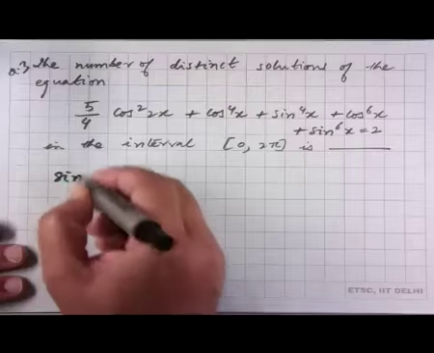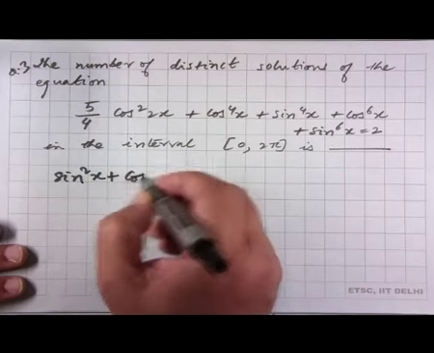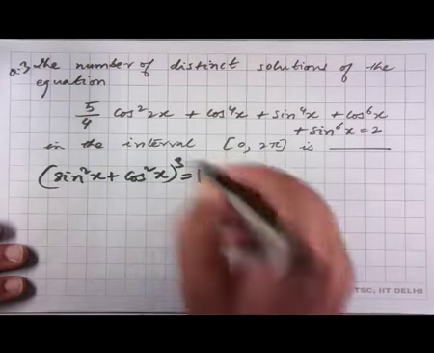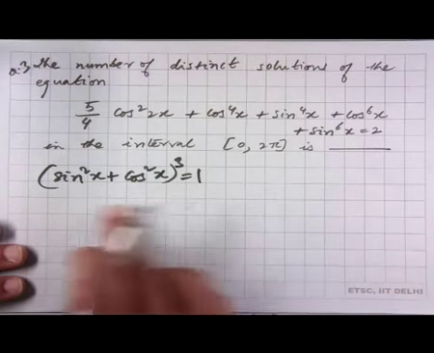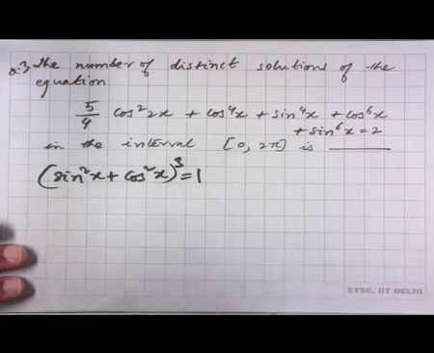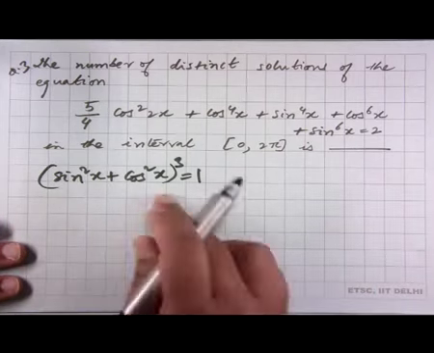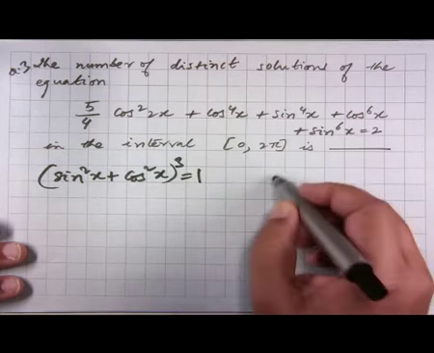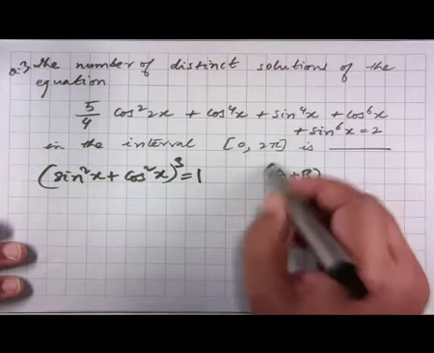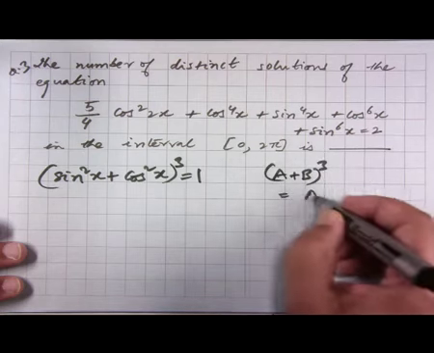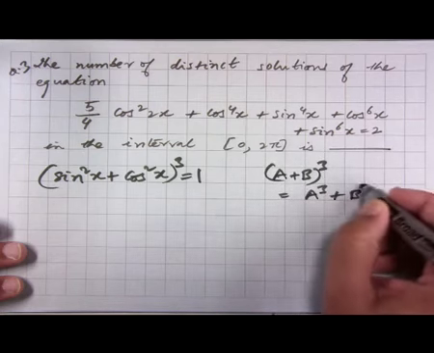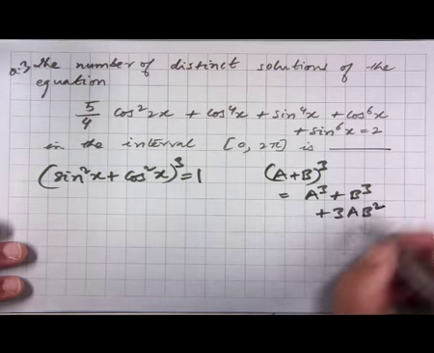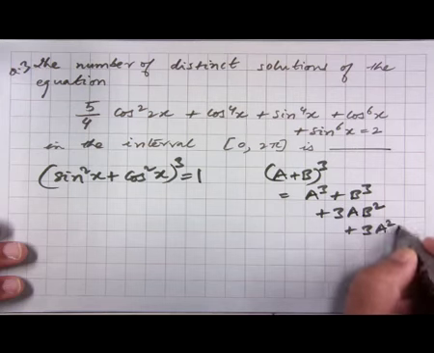Since we know that sine square x plus cos square x is 1, if we take the cube, this is also true, and then we use the formula for a plus b cube. If you recollect, a plus b cube equals a cube plus b cube plus 3 a b square plus 3 a square b.